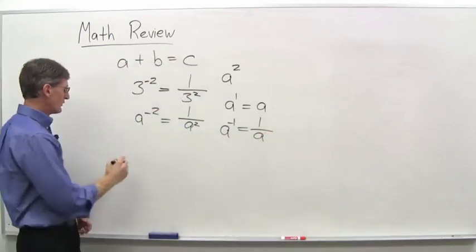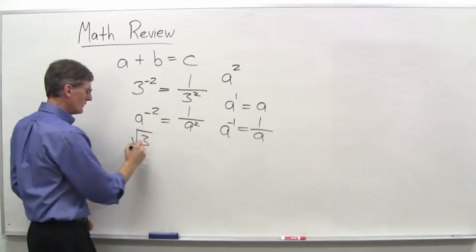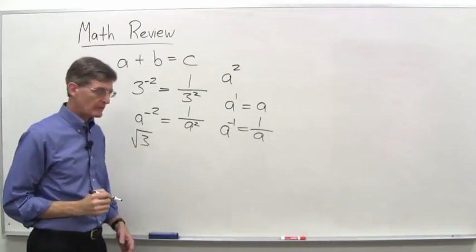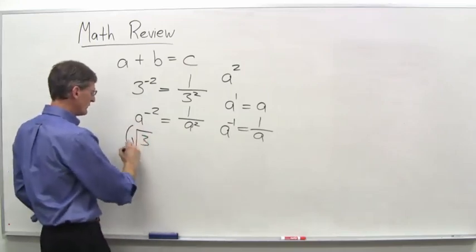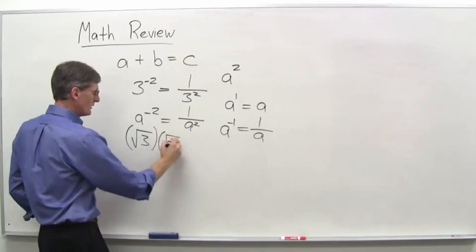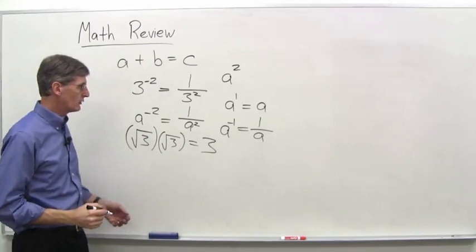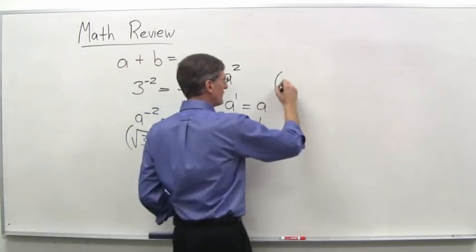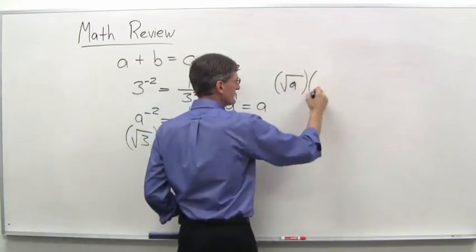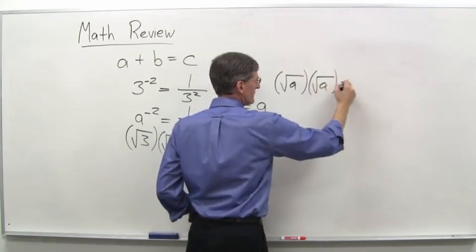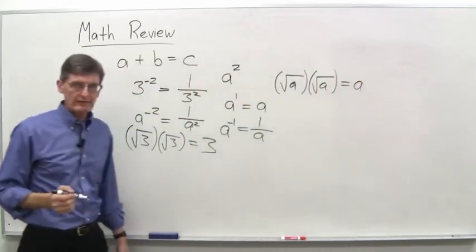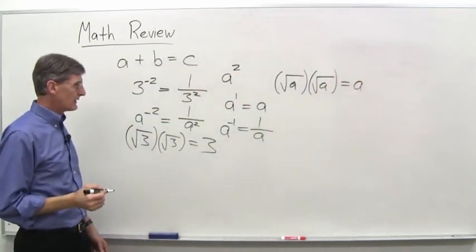We can also, of course, talk about things like the square root of 3, where if you take the square root of 3 times the square root of 3, you'll get 3 back again. So clearly if we have the square root of a times the square root of a, that's going to give us a back again.